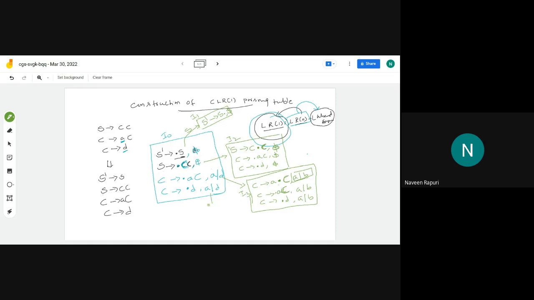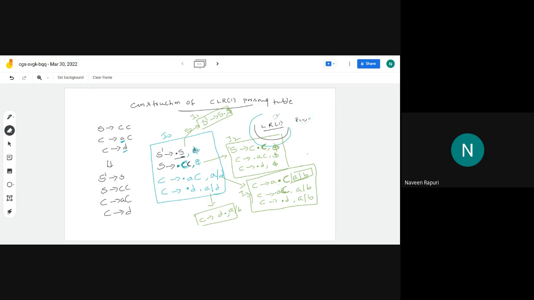Coming to this one, C derives D dot, comma a by b. Now we need to check how many productions are completed and how many we can expand.